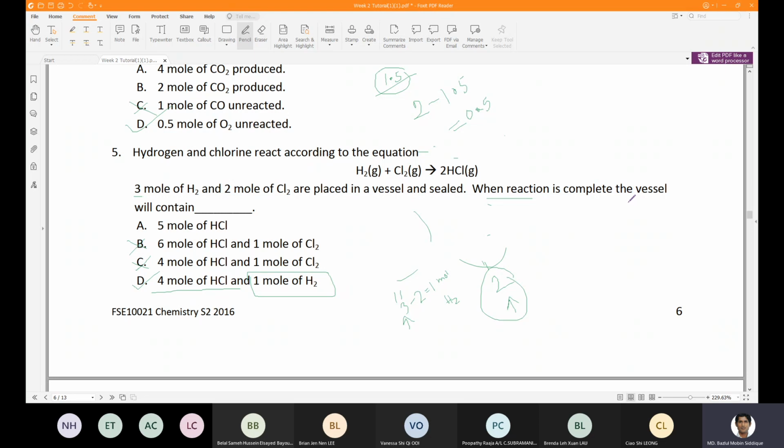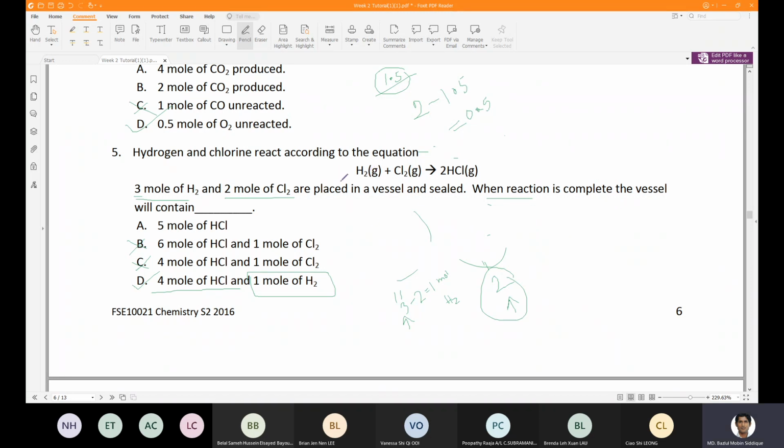What will it be left with inside the reaction vessel? At the very beginning, they gave me 3 moles of hydrogen gas and 2 moles of chlorine gas, no problem. And I have to find out what is in the vessel at the end of the reaction.